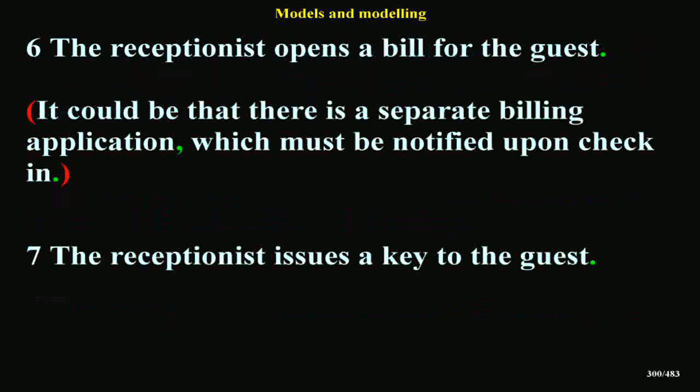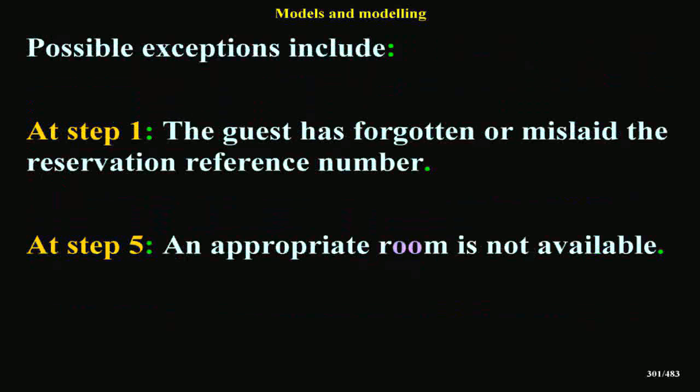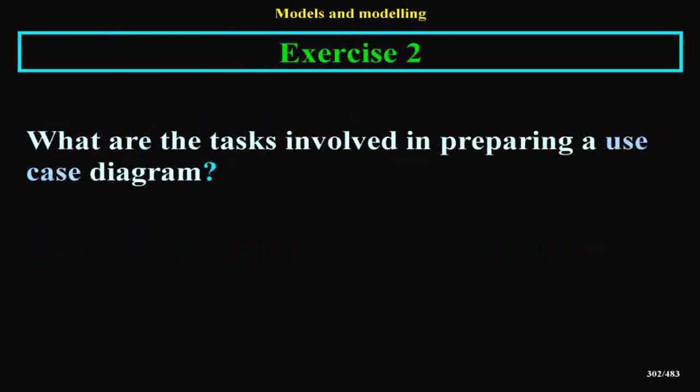The receptionist opens a bill for the guest. It could be that there is a separate billing application which must be notified upon check-in. 7. The receptionist issues a key to the guest. Possible exceptions include: at step 1, the guest has forgotten or mislaid the reservation reference number. At step 5, an appropriate room is not available.